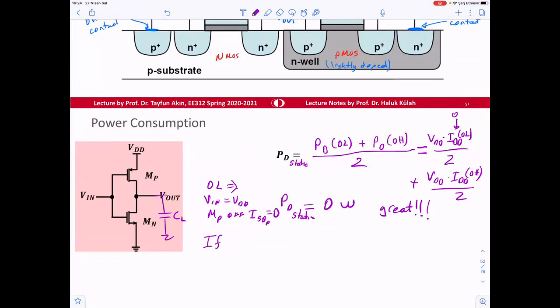If Vin is switching between high and low at a frequency of F, then each time the capacitor will be charged.